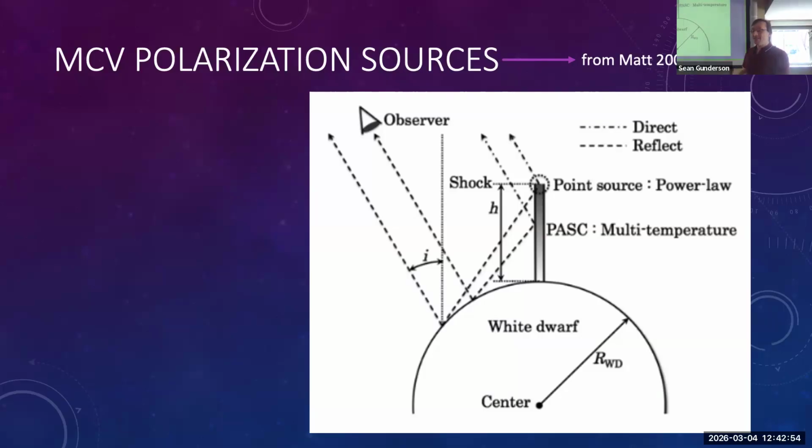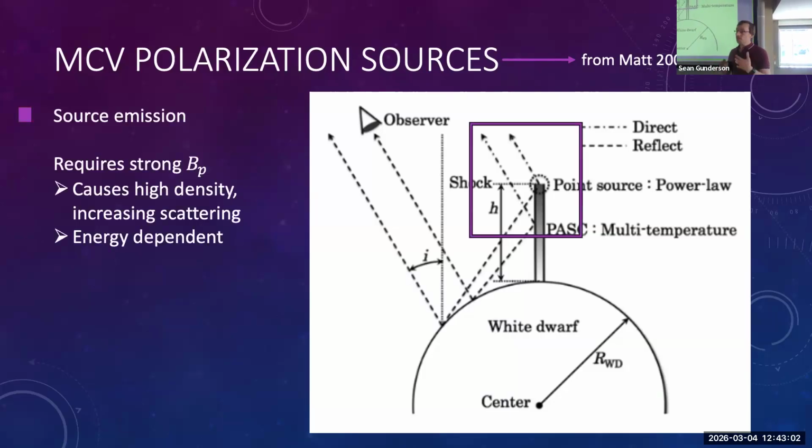But assuming an intermediate polar's physics are going to be similar to a polar's when you're close to the surface, there are two sources of polarization we can expect. The first is the source emission itself. If you have a strong enough magnetic field or enough density in a non-symmetric medium, you should expect to get some amount of source polarization.